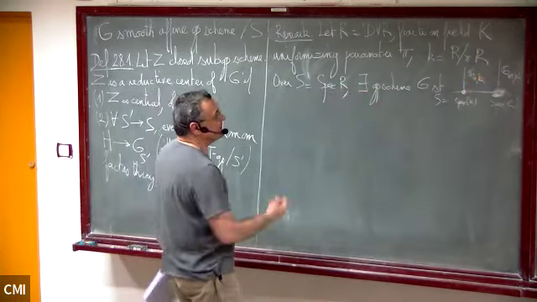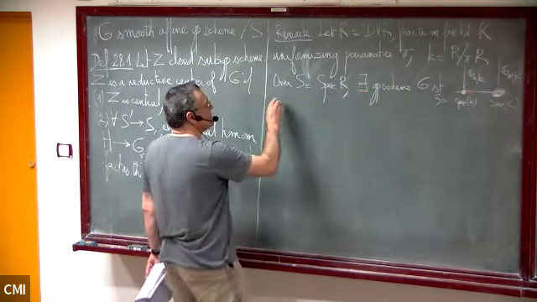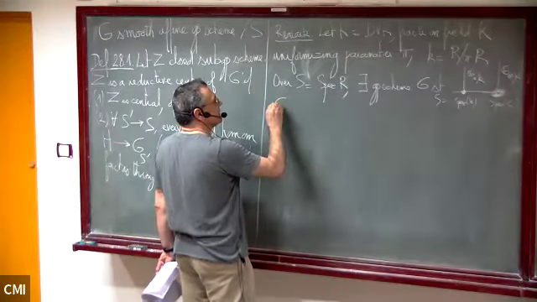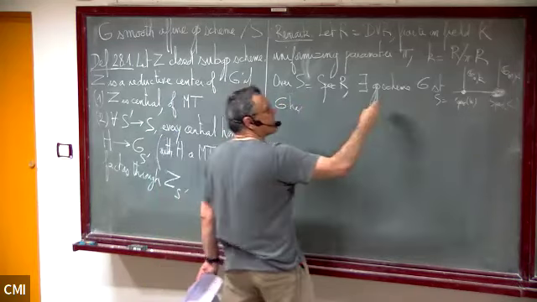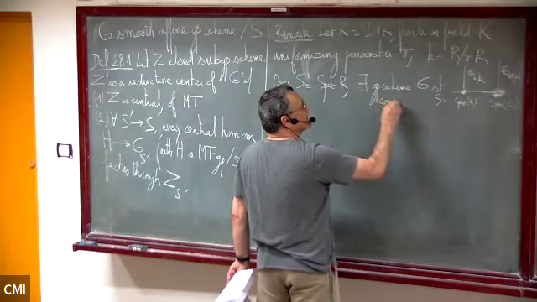Okay, and so this group G is commutative.